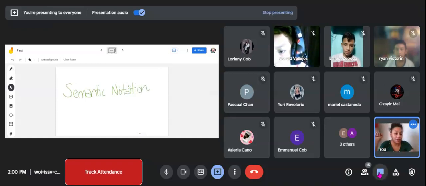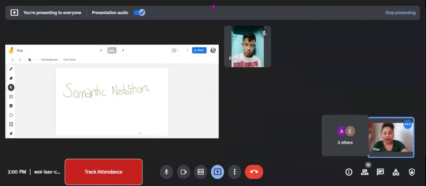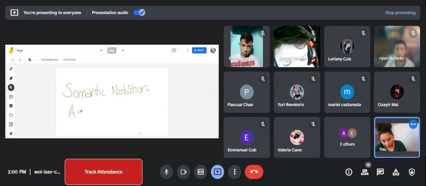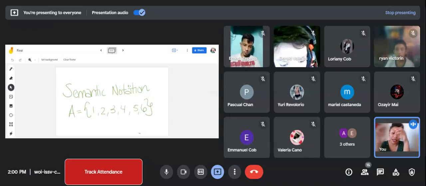Now, talking about this notation, it's just giving the set a name, including the curly brackets, and then listing the elements that are in there. Wherever you see a set that is set up in this way, it is always going to be semantic notation.